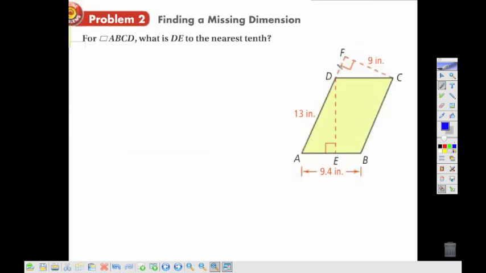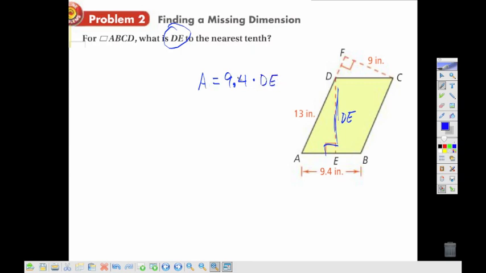In this next example, we have a couple bases and heights. We're asked to find DE, which is right here. So if I'm looking for DE, I would think about my area formula. Area is equal to base times height. DE goes with 9.4. So 9.4 times DE.